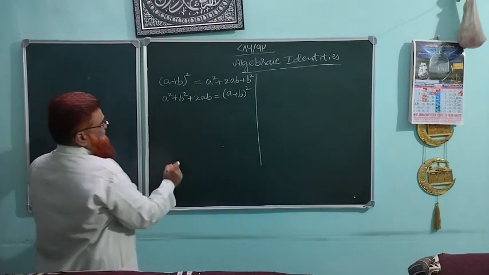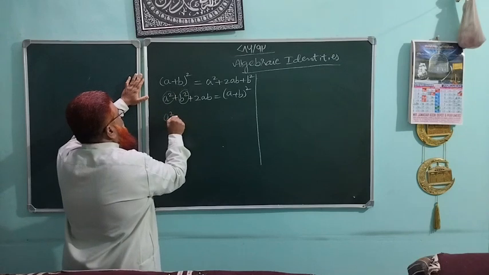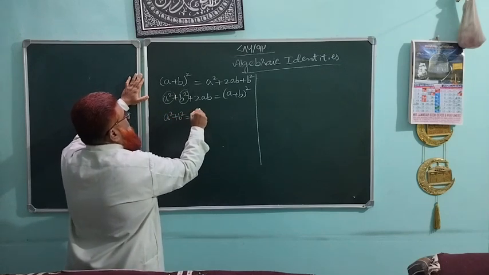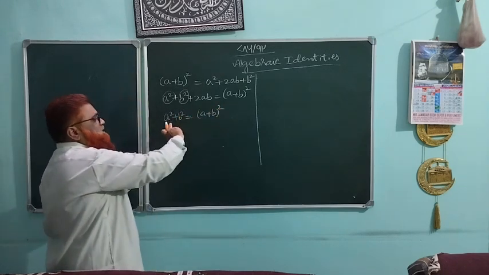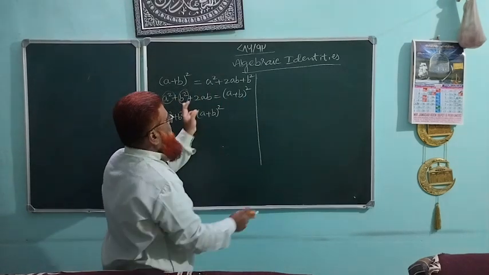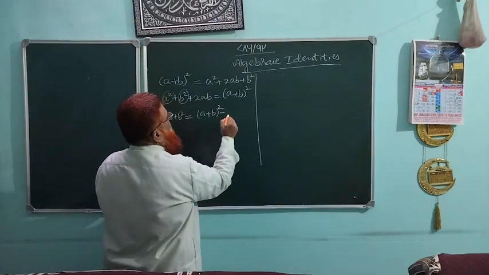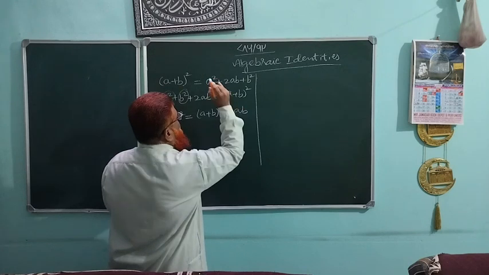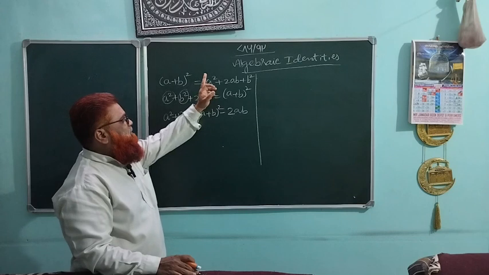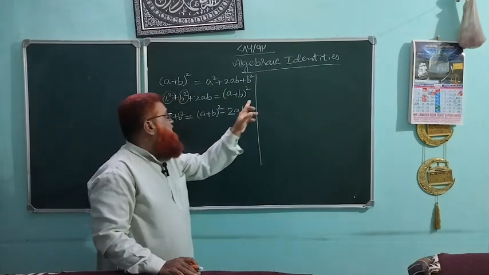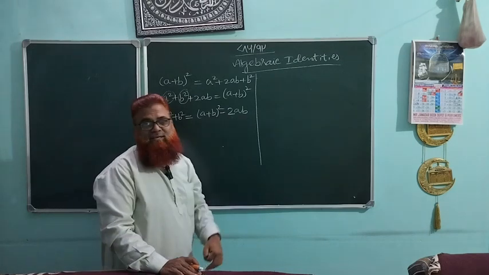Now suppose I want only a square plus b square. Then you transpose this 2ab to the other side of the equality, and it changes to minus 2ab. Since (a plus b) whole square is a square plus 2ab plus b square, a square plus b square is equal to (a plus b) whole square minus 2ab.